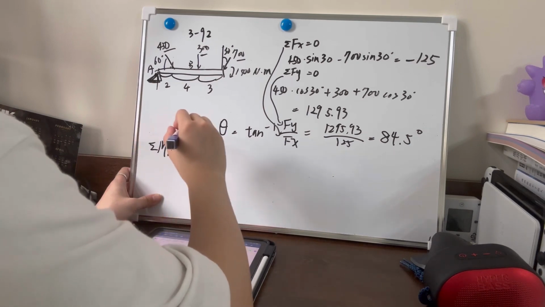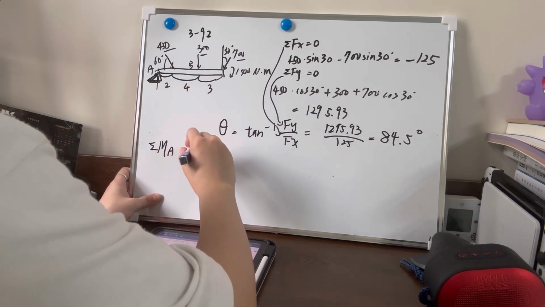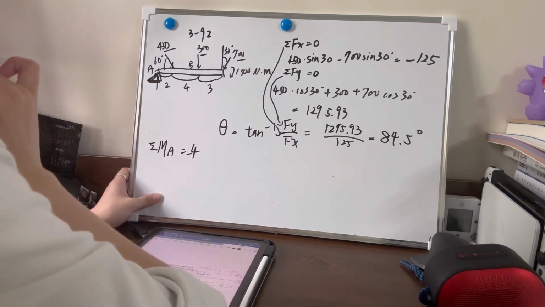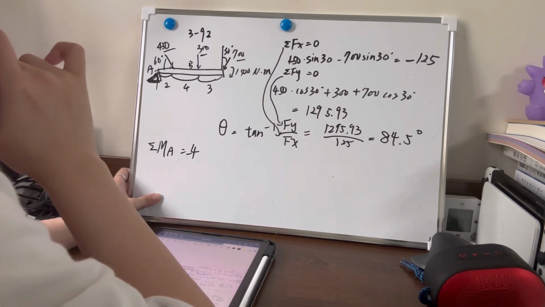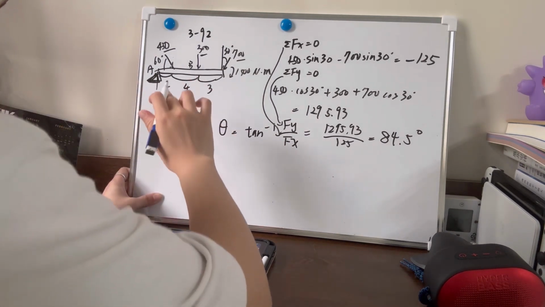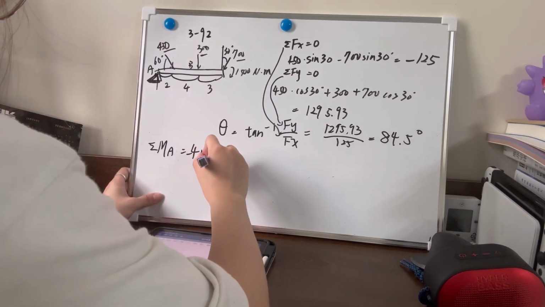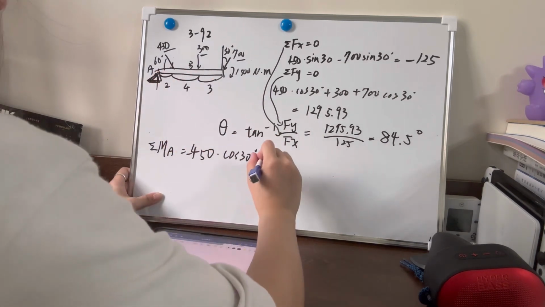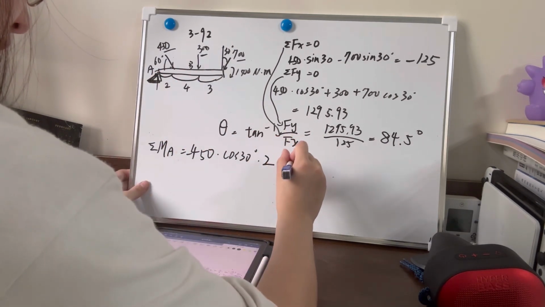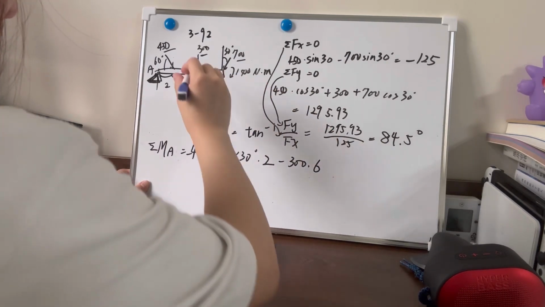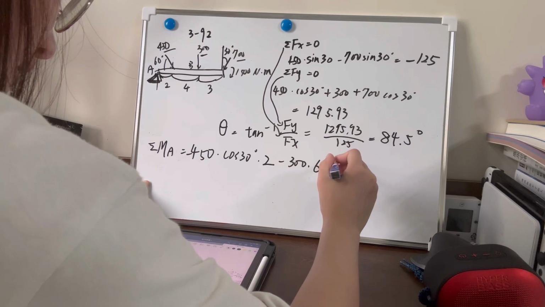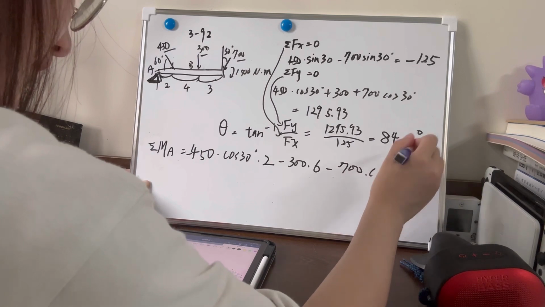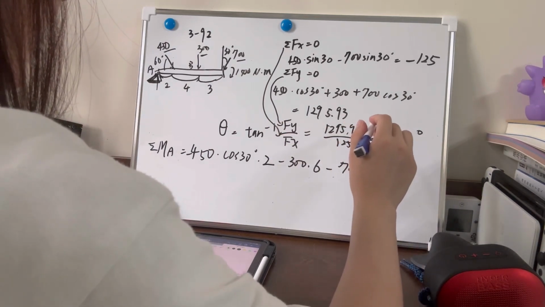Summation MA is like, we have to decide if that is a minus or plus. So here is minus 30 times the distance 2, and minus 30.6 distance, and also minus 700 cosine 30, and the distance is 9.